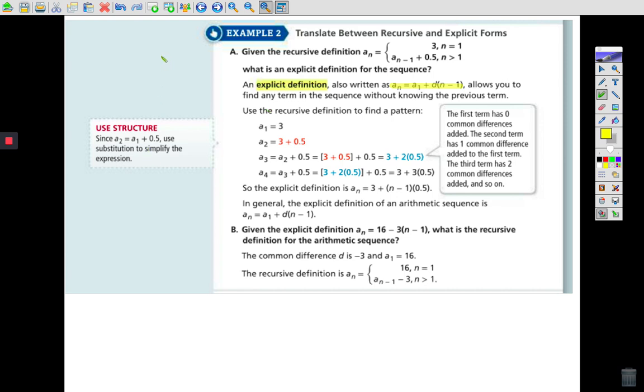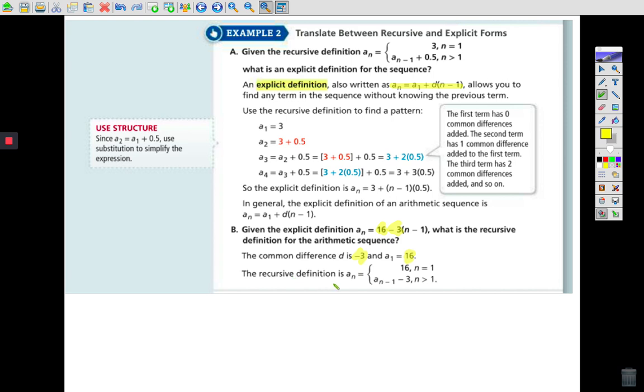All right. I want us to make note real quick, guys, that on part B right here, it gave us the explicit definition. We had A1, we had D, and we had N right here. So A sub 1 came from right here, 16. The common difference came from in front of the parentheses, and that's negative 3.